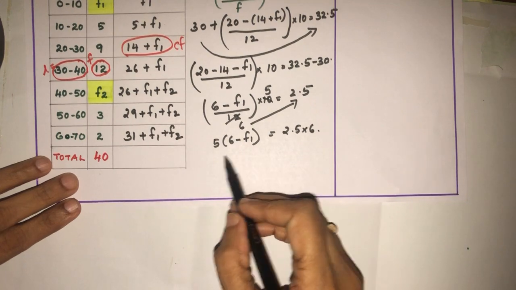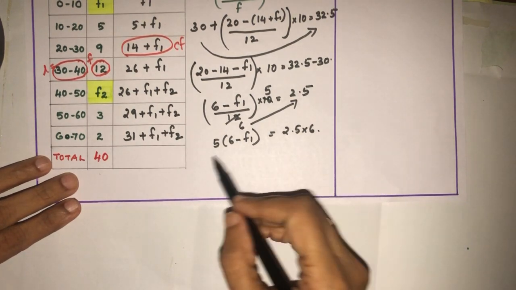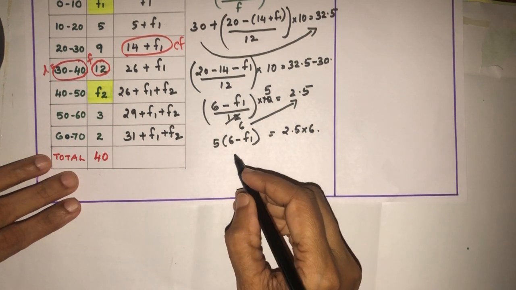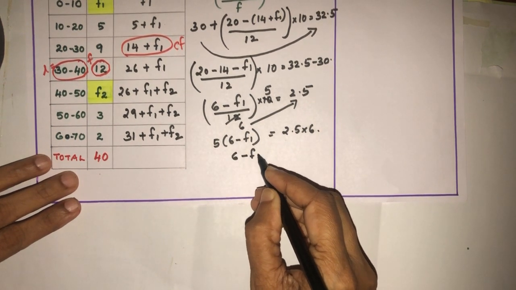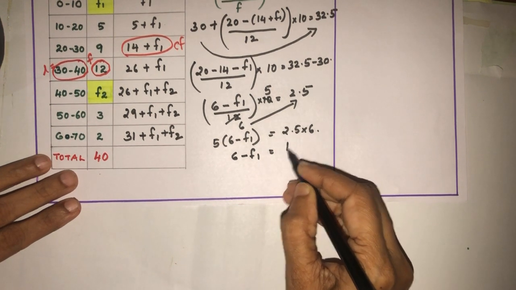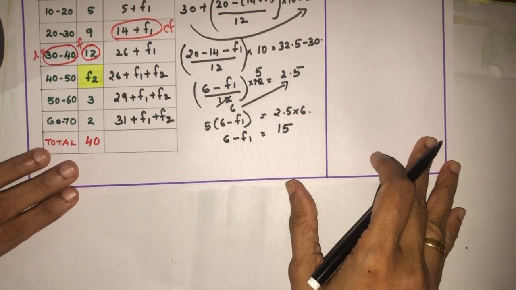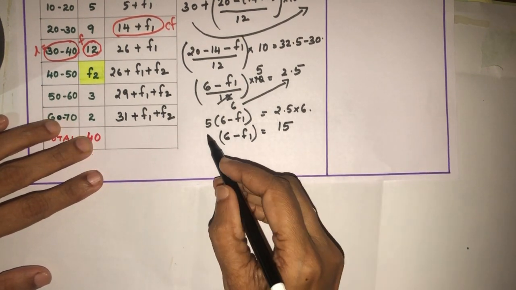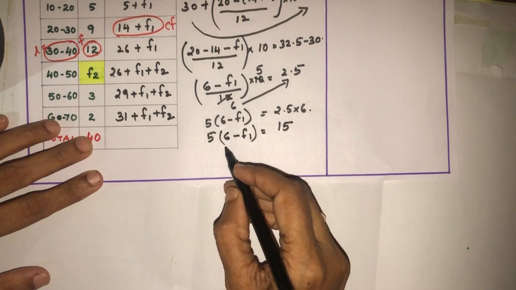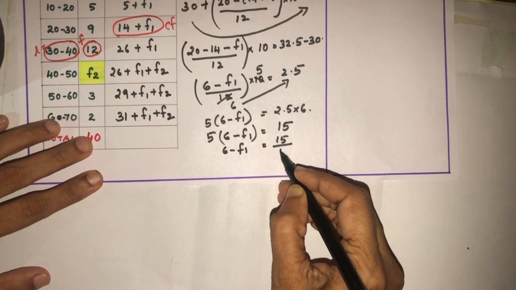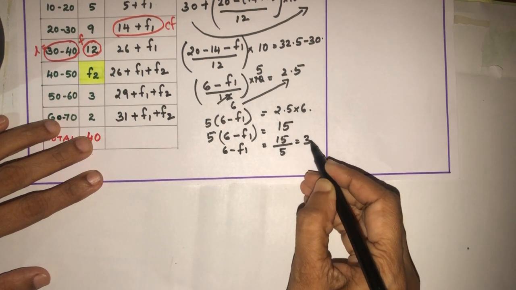Okay, no need to open the bracket now because we can take this 5 also to the other side. So 6 minus F1 equals, when you multiply 2.5 into 6, you will get 15, here 5. Now 6 minus F1 equals 15 by 5, 3.